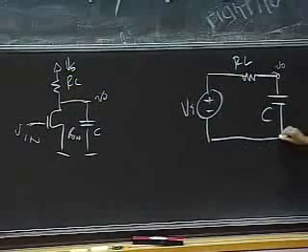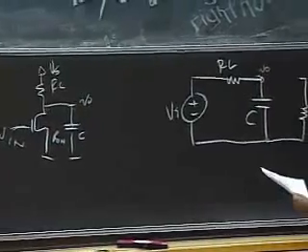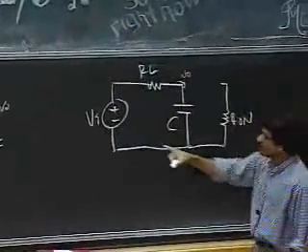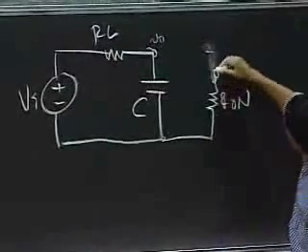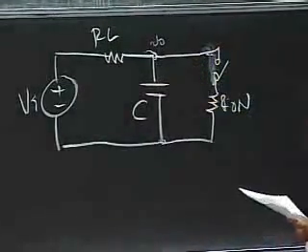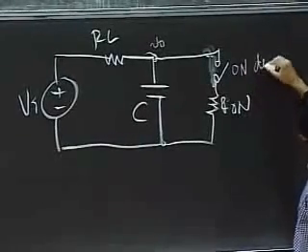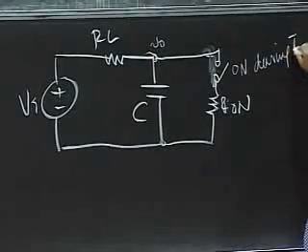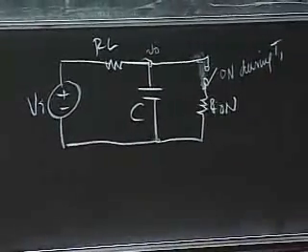And then I have a resistor here, R-on, corresponding to that MOSFET, and I'm switching it on and off in a way that it's on during T1 and off during T2.